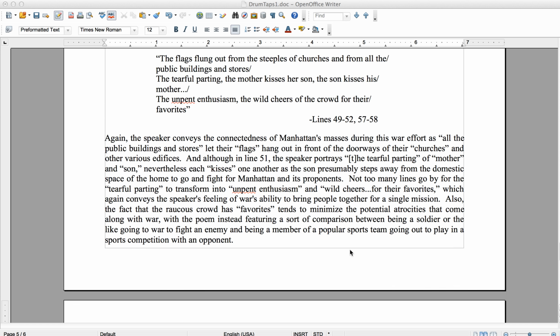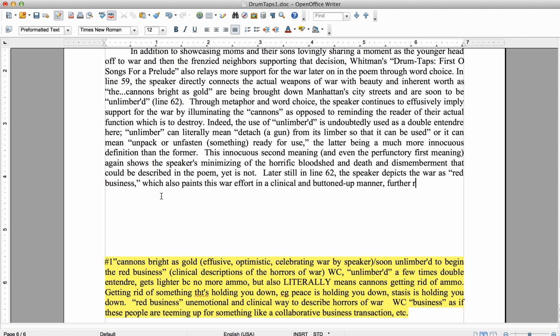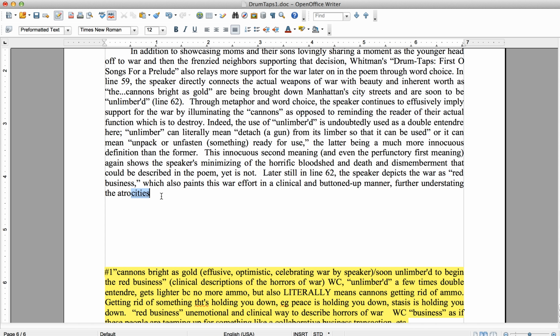Yeah, because we're sort of understating. Further understating the atrocities.